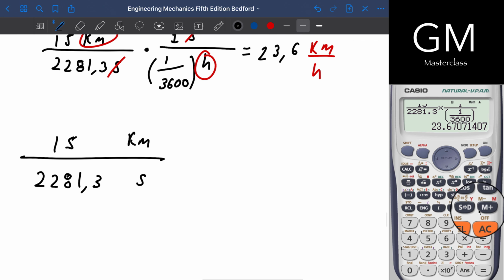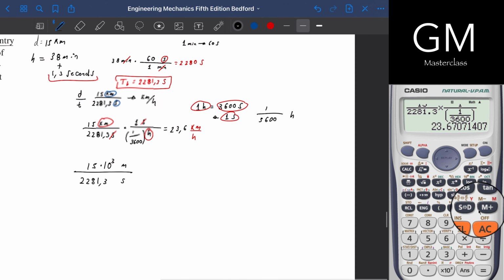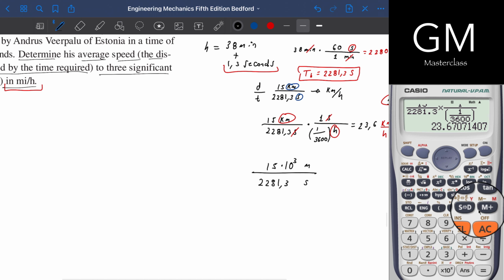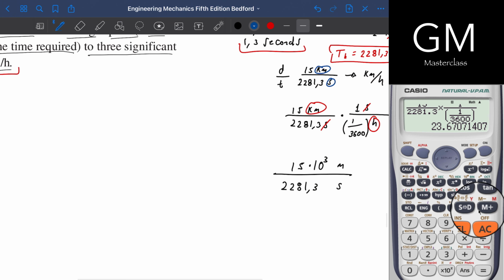So I can cancel these kilometers for me to have the unit in meters, because it is equal to times 10 to the third power. In previous videos I've explained this. I'm going to do that again.